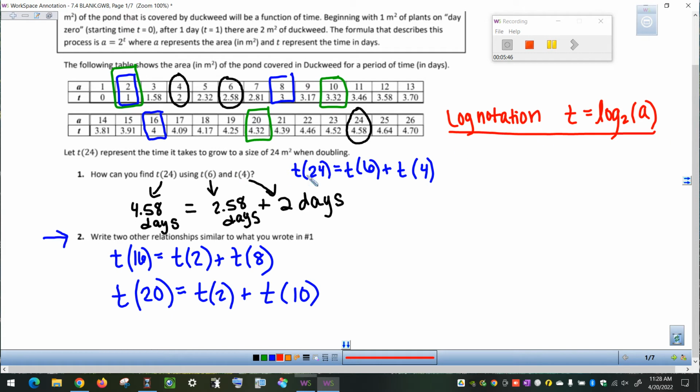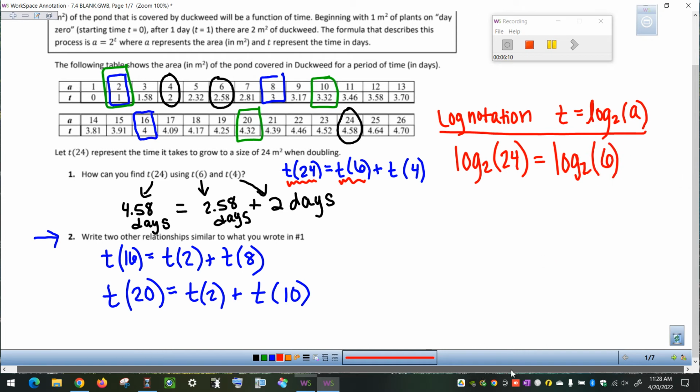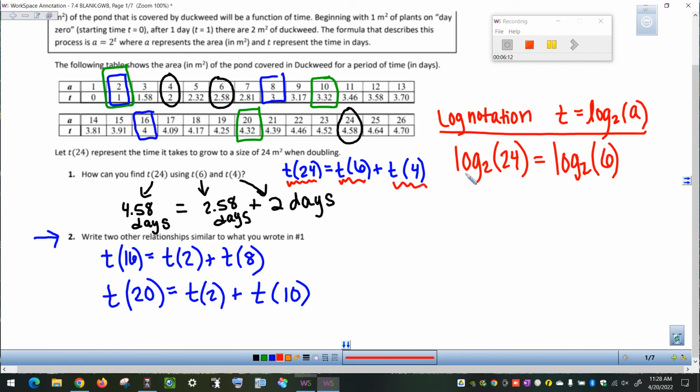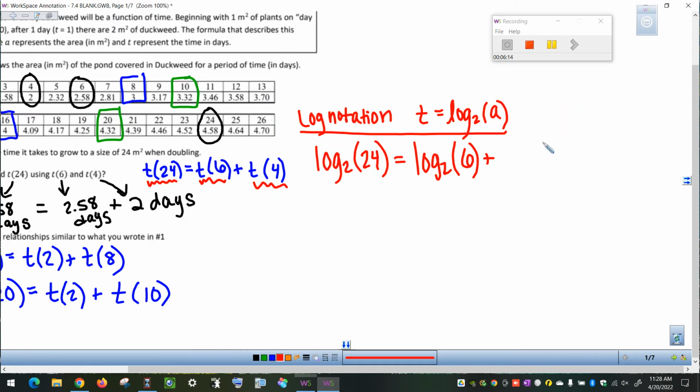So to rewrite this, instead of saying it as T of 24, let's go ahead and write this as log base 2 of 24, so we still have the 24 represented in parentheses. The part out in front just looks different. And we saw that that was equal to the time it takes to grow to a size of 6. So we're going to write that as log base 2 of 6, plus the time it took to grow to a size of 4.